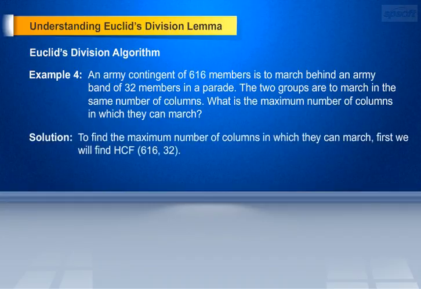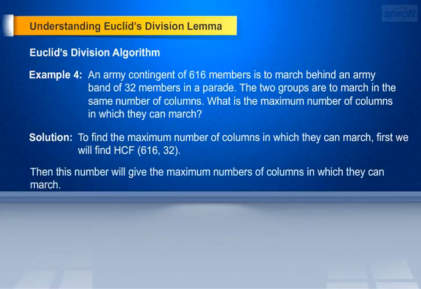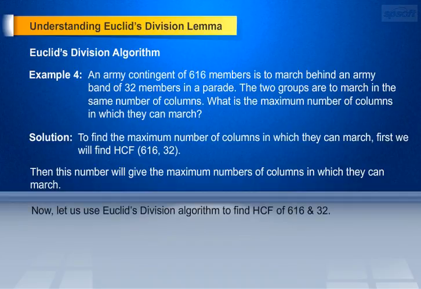To find the maximum number of columns in which they can march, first, we will find the HCF of 616 and 32. Then, this number will give the maximum number of columns in which they can march. Now, let us use Euclid's division algorithm to find the HCF of 616 and 32.